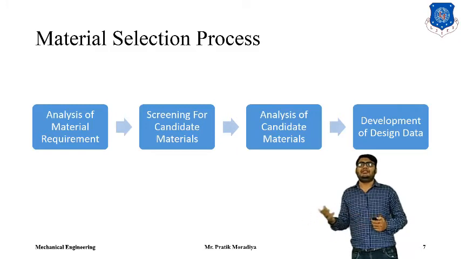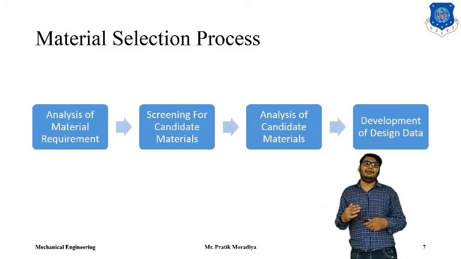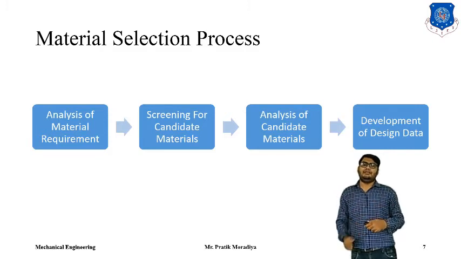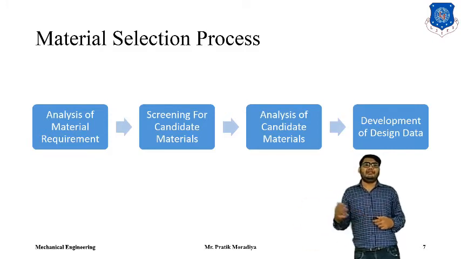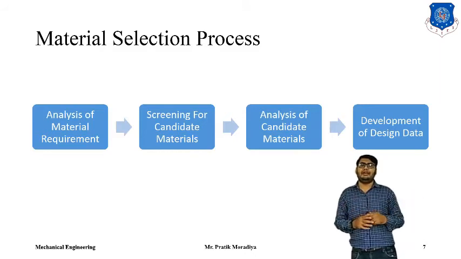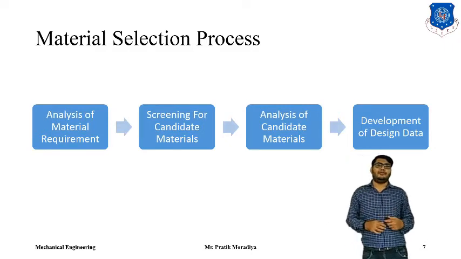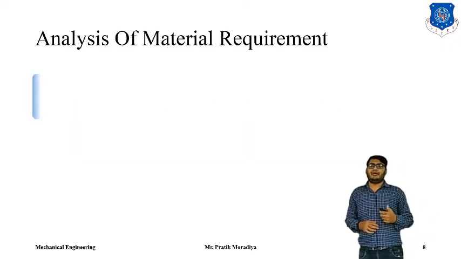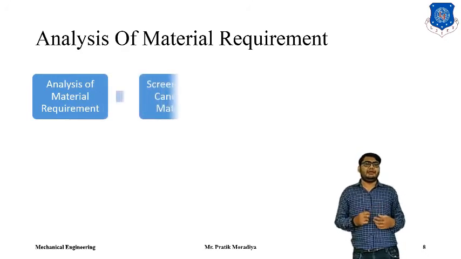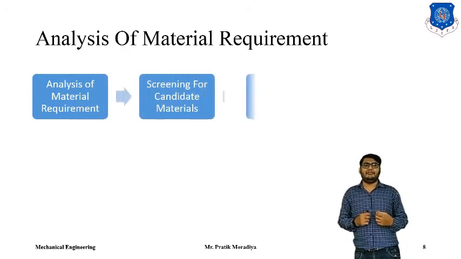Then we analyze these candidate materials, we build up some matrix or compare those materials, and then we develop the design data. We select the best material from there and we give those properties to our design data and we go forward.